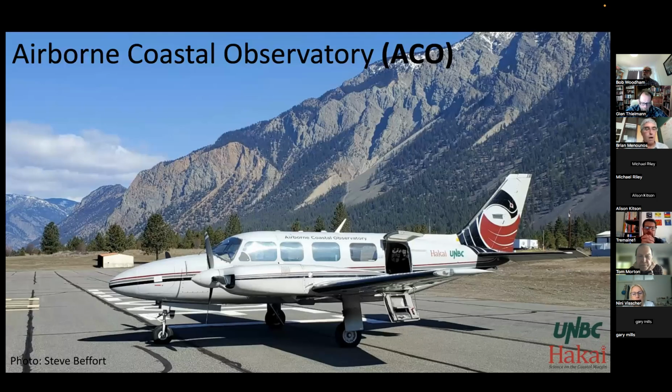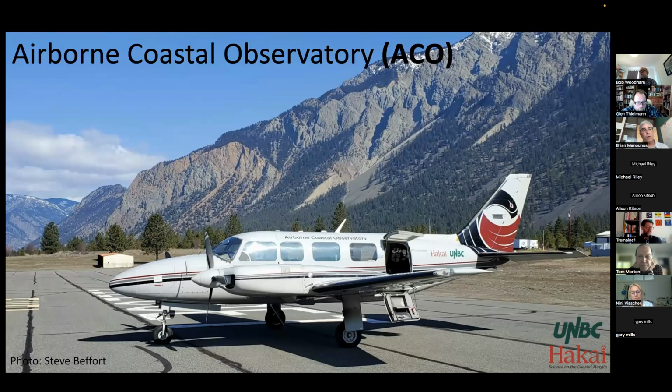Okay, I'll give you one more example, and that is from an aircraft. So often, if we want to say something about the entire planet and how mountain glaciers respond, we have to actually consider spaceborne observations.